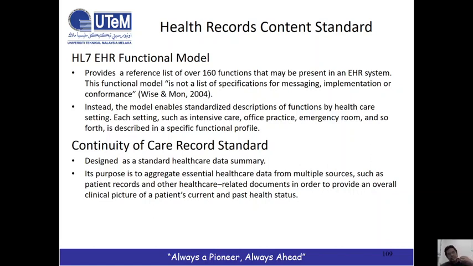When the doctor orders a lab test, there should be standard lab test record contents. This is what we call health record content standard. The model enables standardized description of function by healthcare setting. Each setting, such as intensive care, office practice, emergency room, and so forth, is described in a specific functional profile.